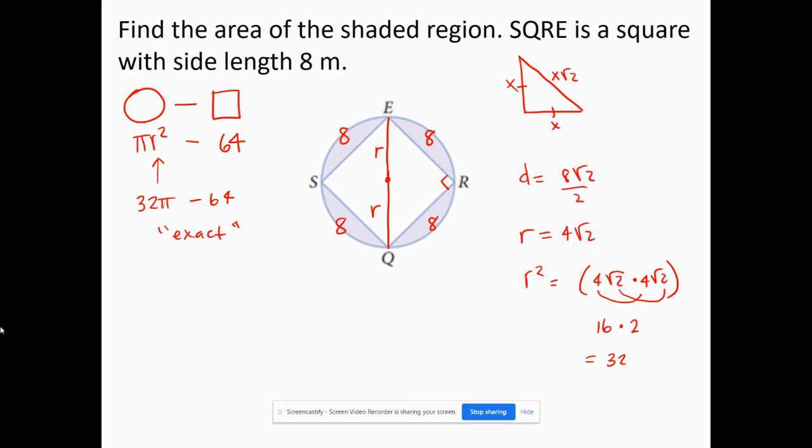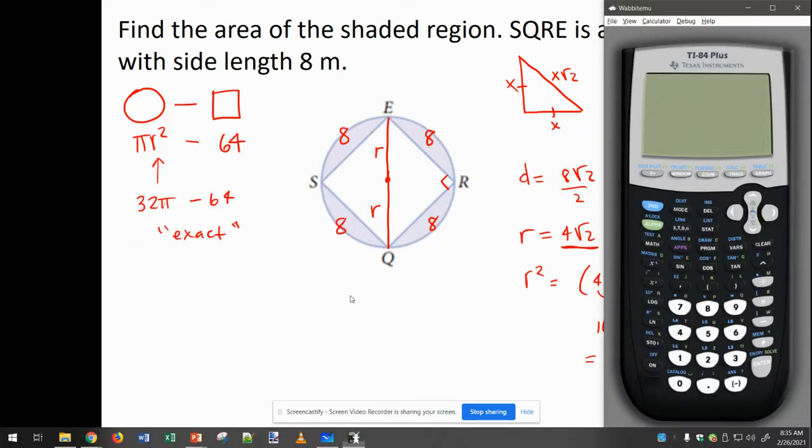However, if you don't understand this method to get 32 and you want to go to the calculator, let's bring this up. If you get to the 4 root 2 step, or maybe even you had something different, we can go through that in a minute, you get this number. And we definitely don't want to round this because we're going to square that.